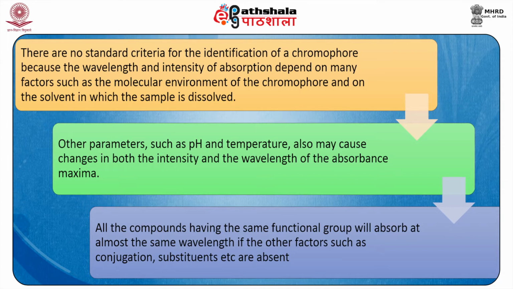Other parameters such as the pH and the temperature also may cause changes in both the intensity and the wavelength of the absorption maxima. Now, all the compounds having the same functional group will tend to absorb at the same wavelength, if other factors such as conjugation and substituents are absent.